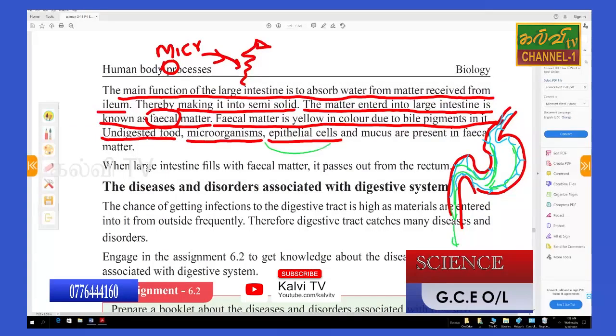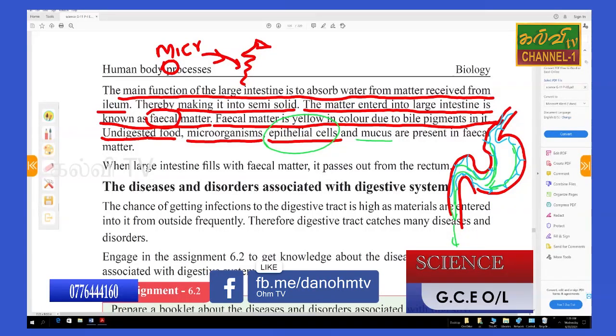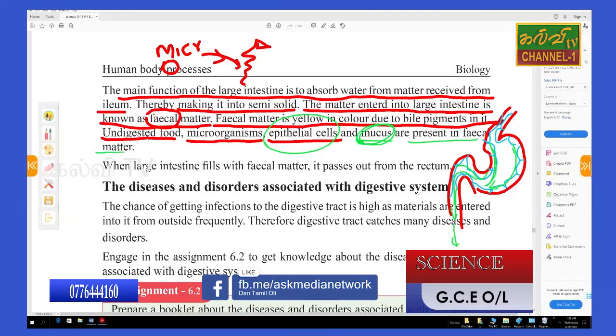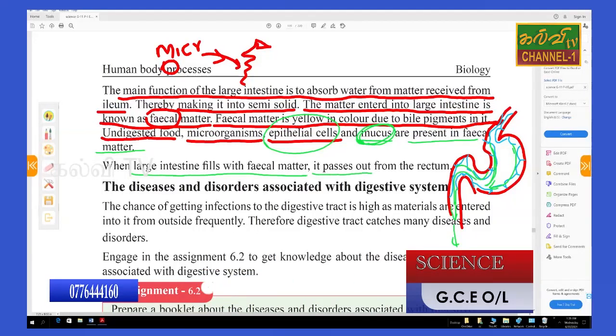Therefore, the epithelium cells and mucus, like a lubricant oil, can form some clay-like formation of that food, which is then present in the fecal matter. So when the large intestine fills with fecal matter, it passes out from the rectum, right?